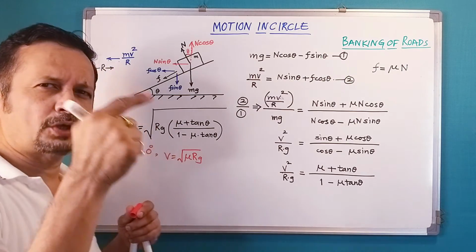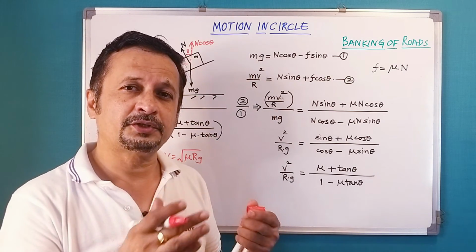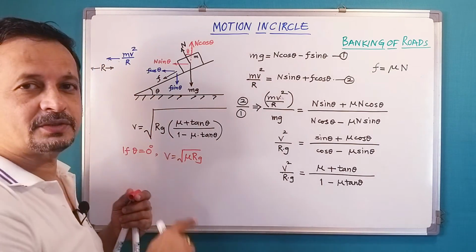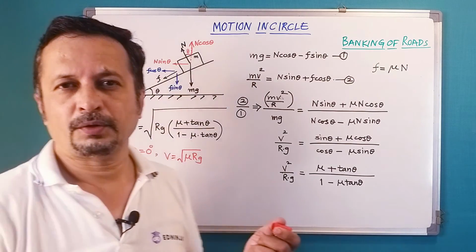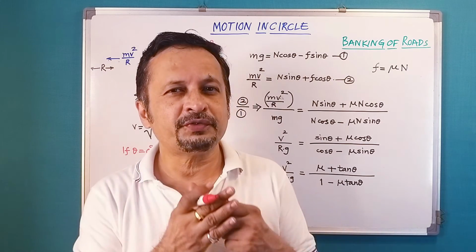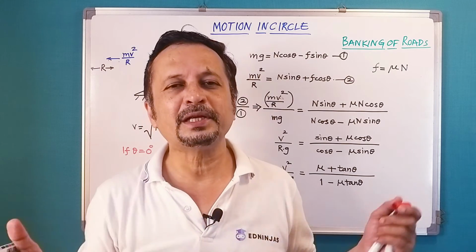And that is what we got some time back, for a car taking a turn on a curved horizontal road. This was the expression. But what if mu becomes 0? The road is banked and the coefficient of friction becomes 0, which means the road is completely slippery.